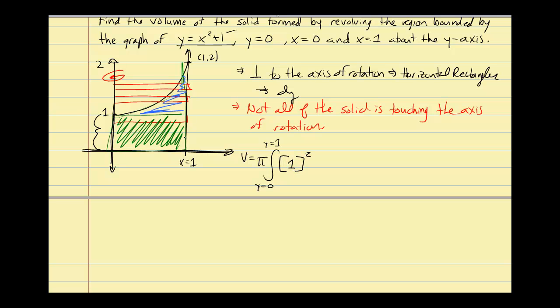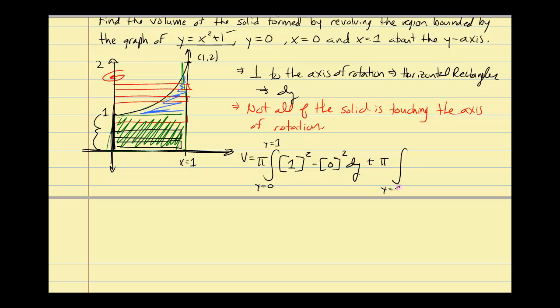Now the inner radius squared, I'm just going to write it down here so you can see, is 0 because this entire piece right here is touching the axis of rotation. And this is dy because the incremental width of each one of those rectangles is going to be dy. Plus pi integral. Now I'm going to fix this blue area from 1 to 2.